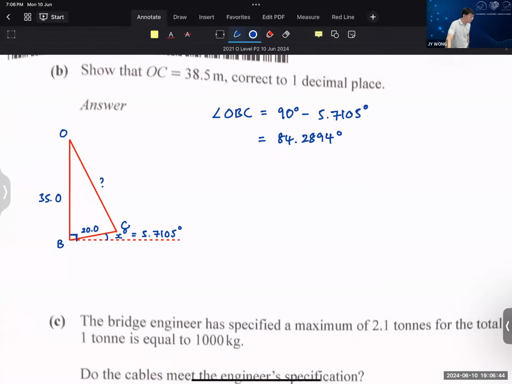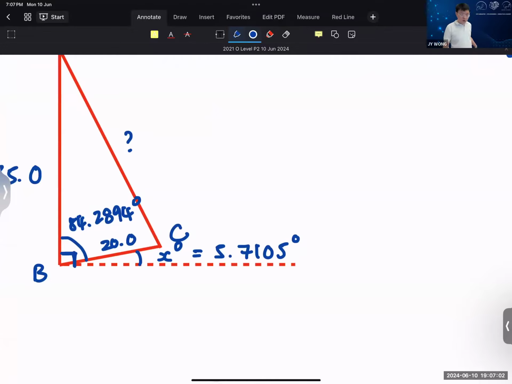Correct? So now you have the angle OBC and you have the two lengths and one included angle. What rule you use? You just use cosine rule. Two lengths, one included angle is cosine rule.